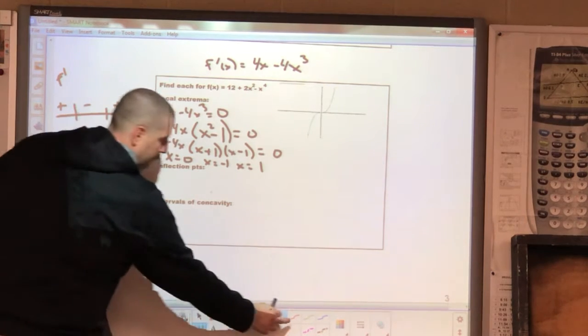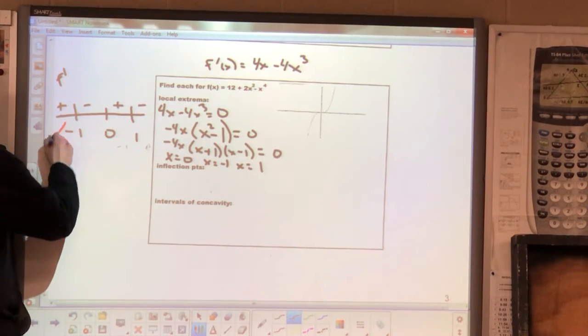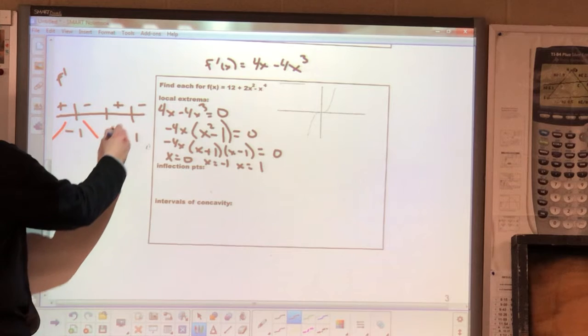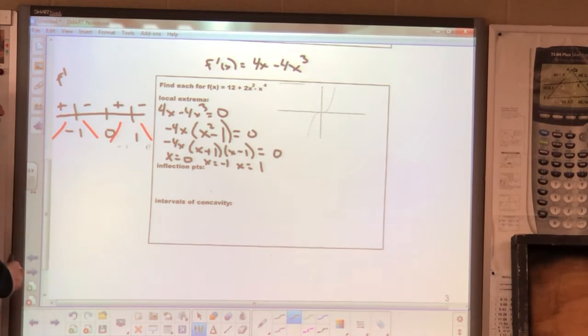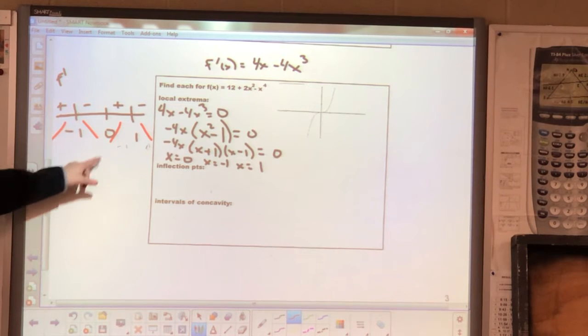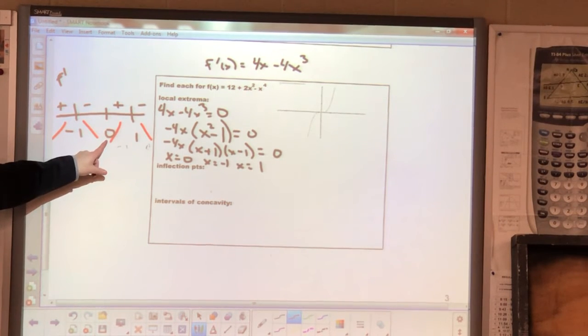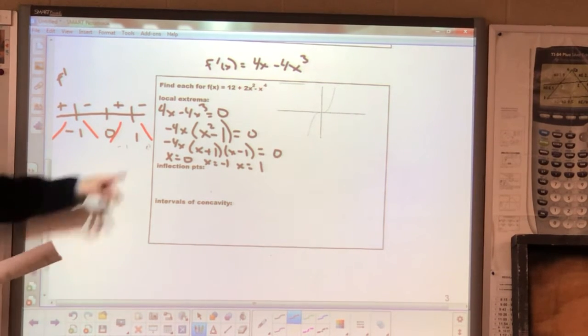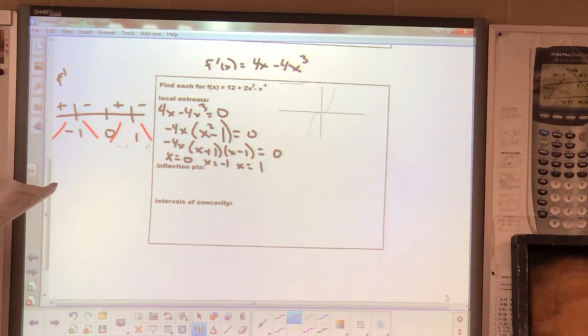So, when doing this, you're going to get a positive slope, negative slope, positive slope, and a negative slope. Okay, so negative 1, local max, 0, local min, 1, local max. That's going to tell us what we got there. Okay, those are our local extrema.